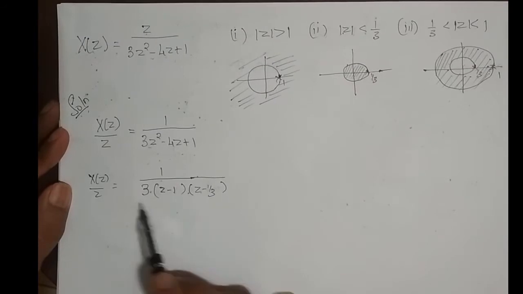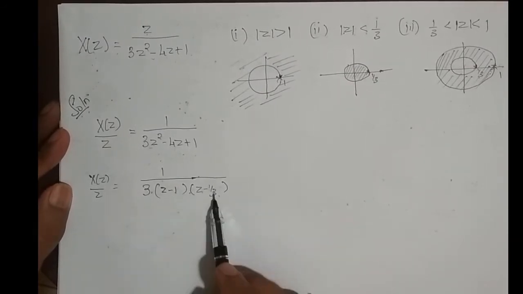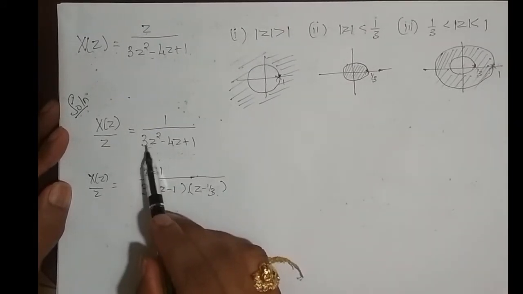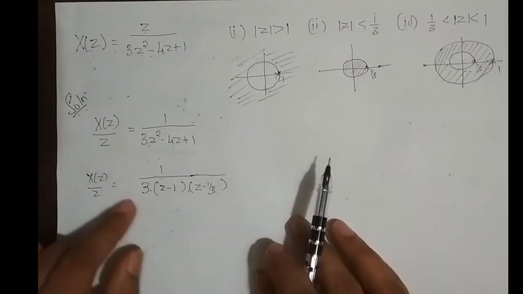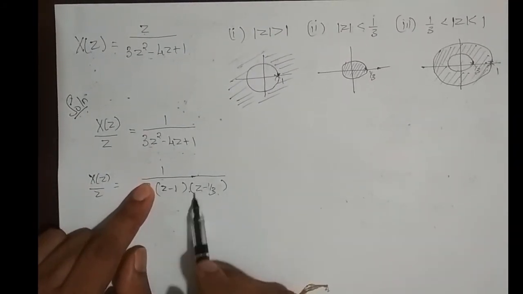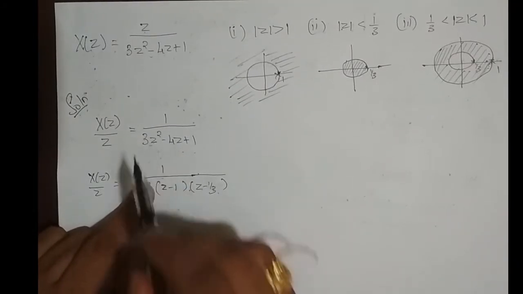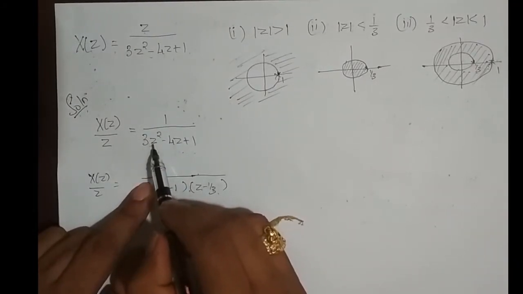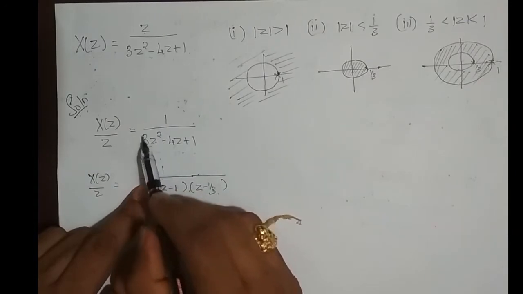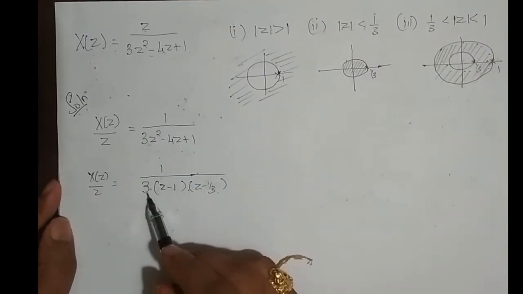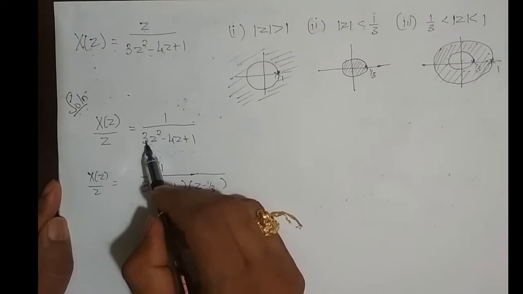If you multiply this out and solve it, you should end up back with this equation. If you don't put this 3 here, you won't get this equation. So always check the coefficient of the highest power of z. Here it is 3, so I have put 3 here. If you had 2 here, you would put 2.